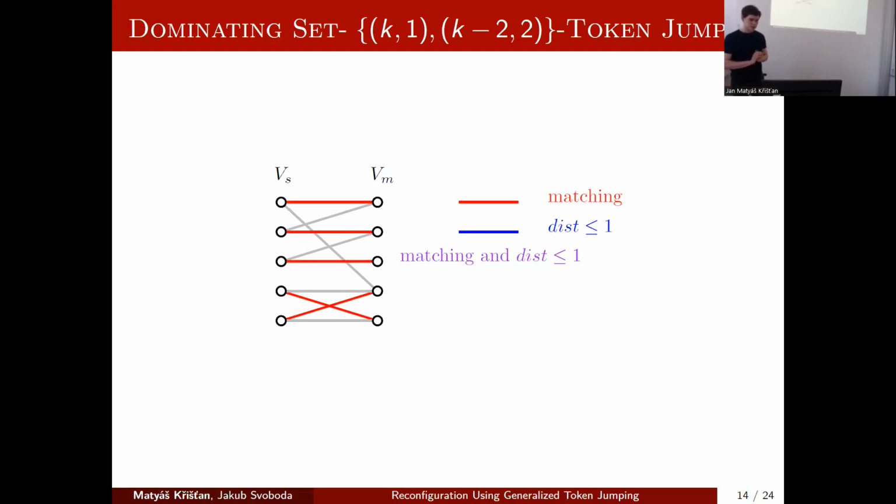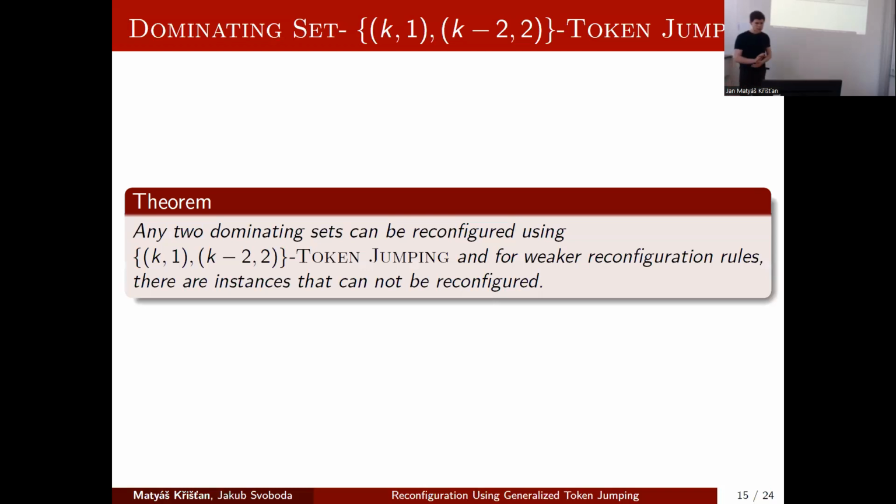And the rest of the algorithm is the same, and we just move tokens one by one. So this gives us the following theorem that basically for dominating sets, this rule is optimal, and the example that I showed shows that any weaker rule wouldn't work. If we decrease any of these numbers, then that would be a counterexample.